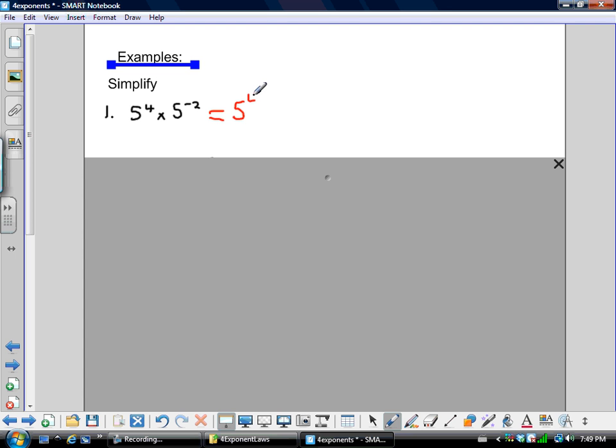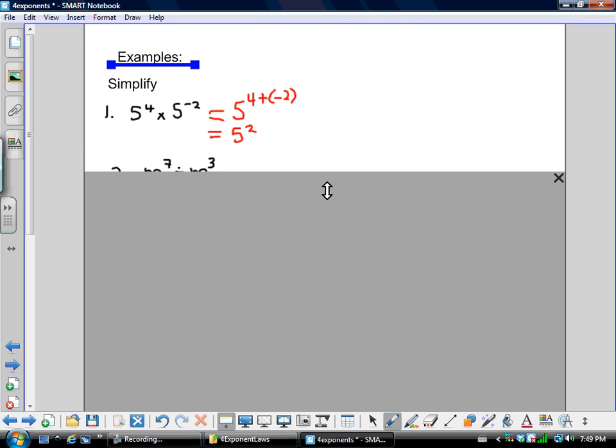I take the powers, the 4, and I add the negative 2. If I write it like this, it's important to keep this calculation up in the exponent area and not bring it down with the 5. If I do that adding, I end up with 5 to the positive 2. To simplify, I'm not after an answer. I don't want 25, I want 5 squared.